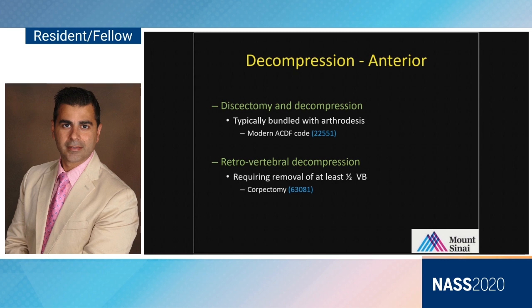Now they're all bundled into a single code, which is fairly commonly used. The code is 22551 for a single level primary cervical discectomy with interbody arthrodesis. If you're performing a vast decompression that requires at least removal of half of a vertebral body or more, then you would code for the corpectomy code, which is 63081.